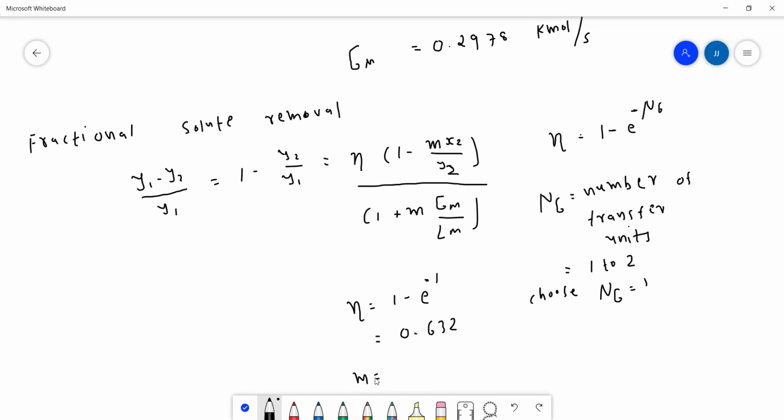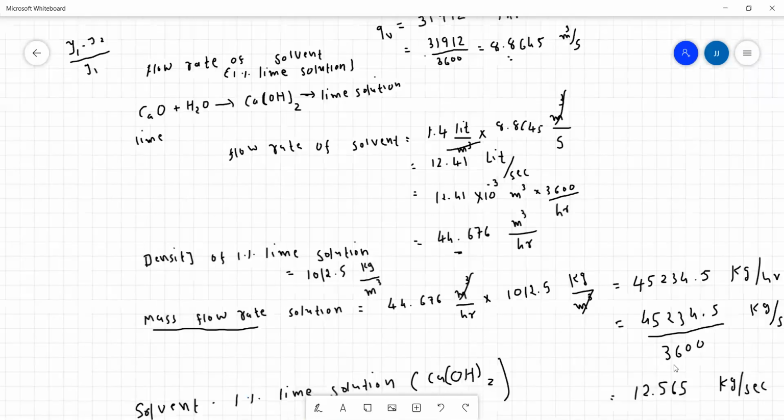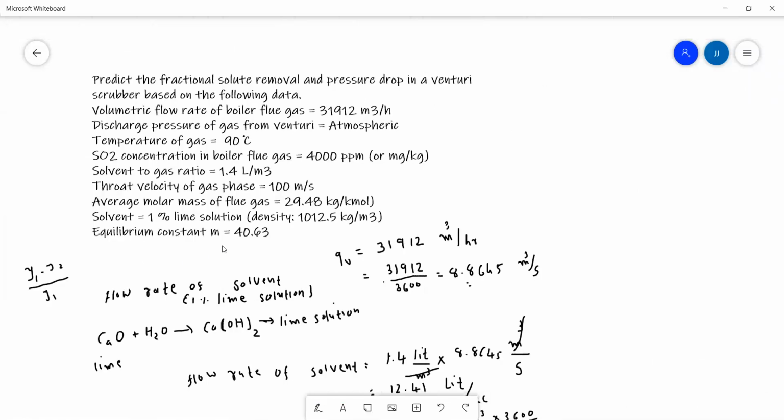M is the slope of the equilibrium curve, which is already given in the problem statement. The equilibrium constant M is equal to 40.63.